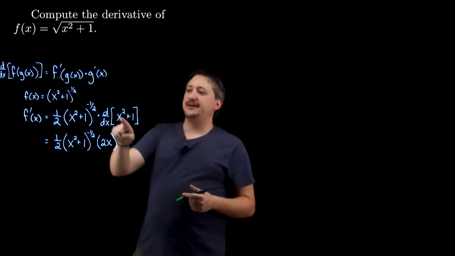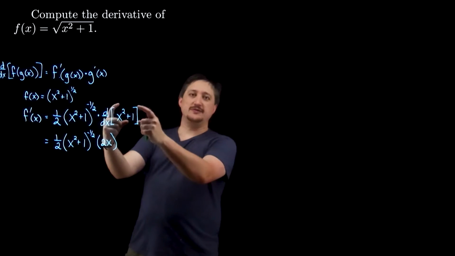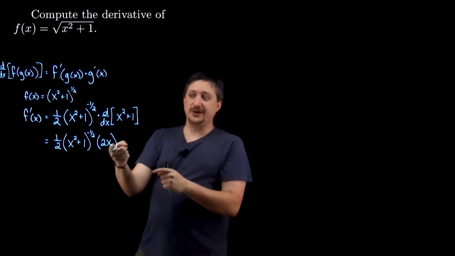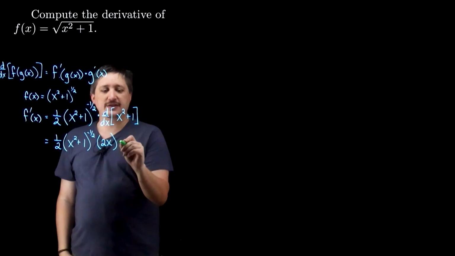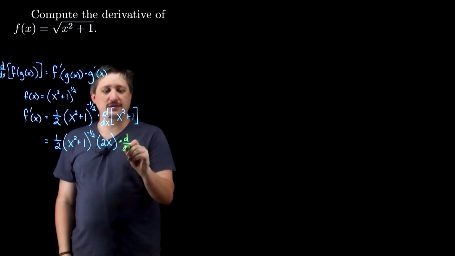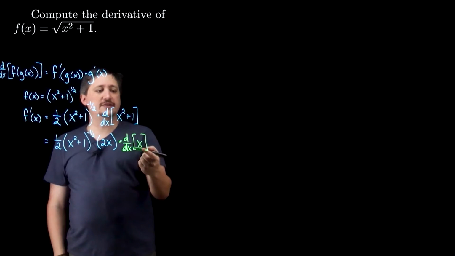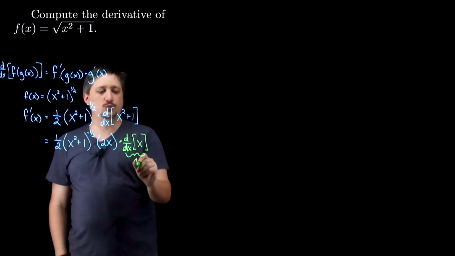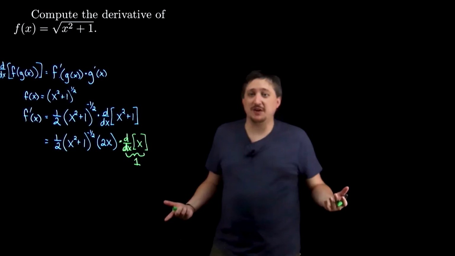So if you were to think of this thing as being some function squared plus 1, well, you'd still do the derivative of that thing, right? So you'd still get 2 times that piece, right? You'd still get 2x. But then, if I thought that x was a thing that deserved a chain rule, well, then it would be the derivative of that thing, x. But here, I'm taking the derivative of x, which is just 1, meaning all I'm doing is multiplying by 1, which, sure, I could do that.